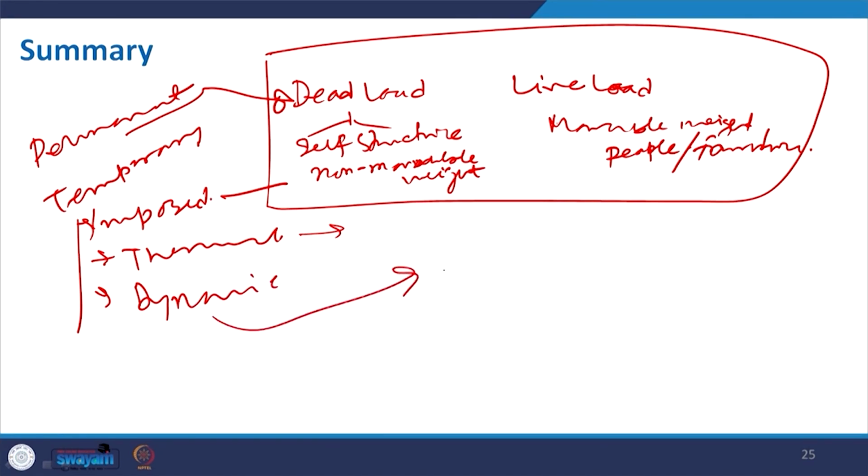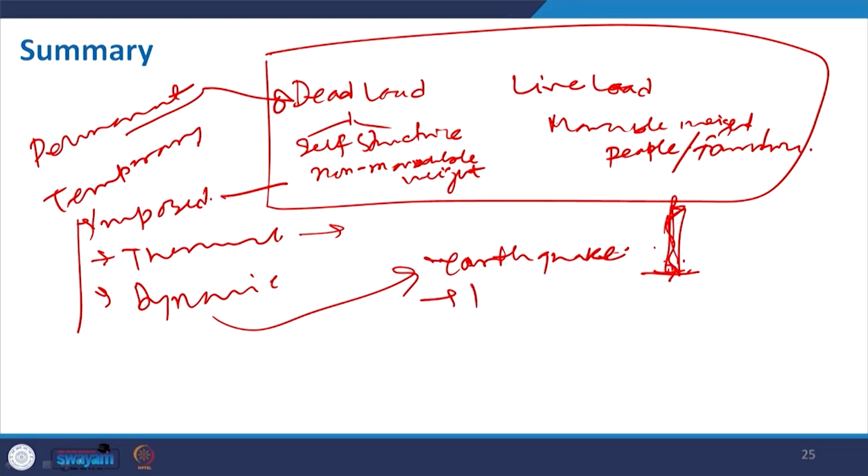Under dynamic load, there is the load caused by earthquake, the motion of the ground which disturbs the equilibrium of the structure, and your building starts shaking, and when it is beyond that particular resistance it will collapse.